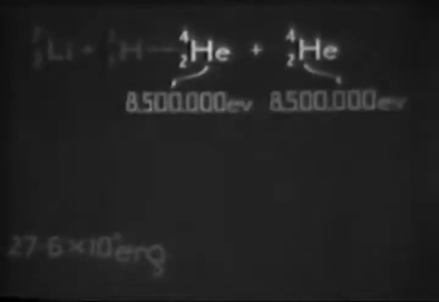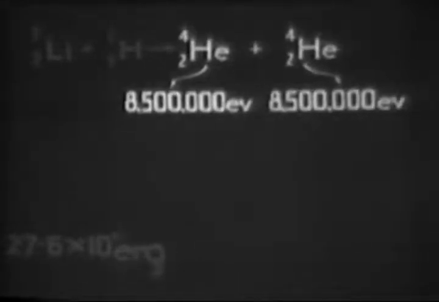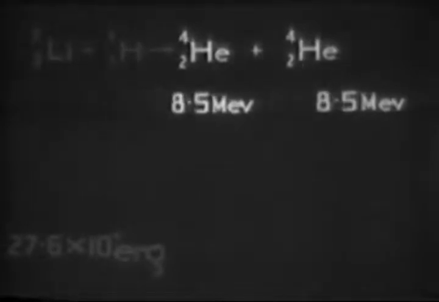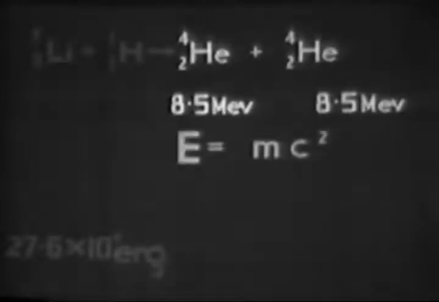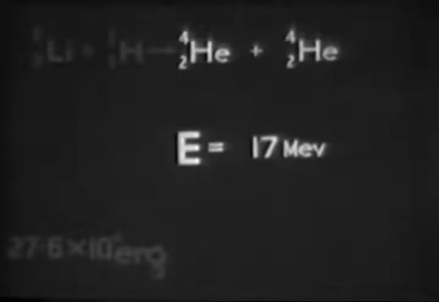Now, the energy of each alpha particle released in the reaction can be directly calculated. It is 8.5 million electron volts, or more conveniently, 8.5 MeV. Thus, in our equation, we get E equals the sum of these energies, that is, 17 million electron volts.